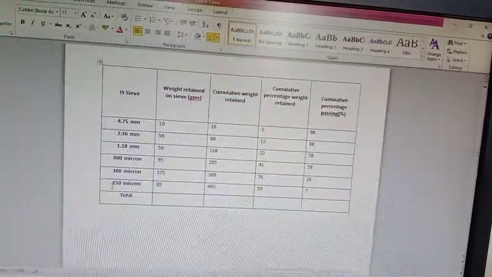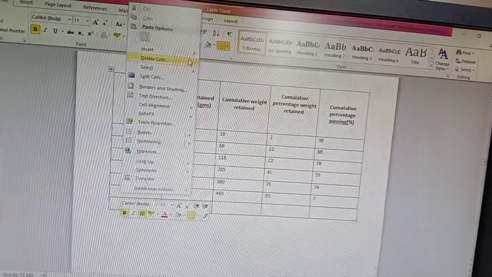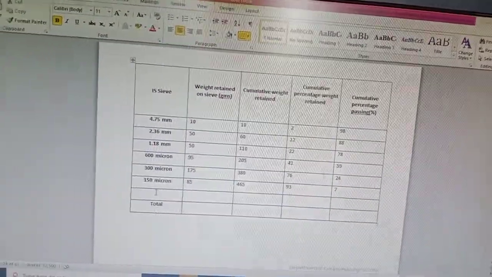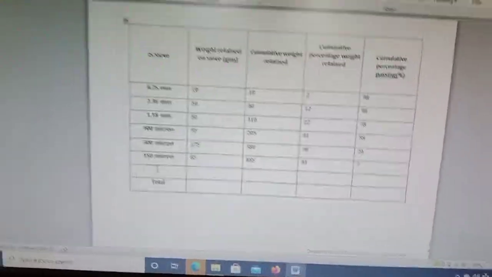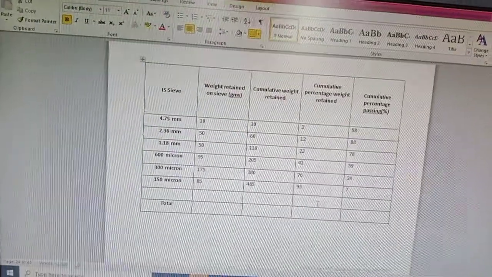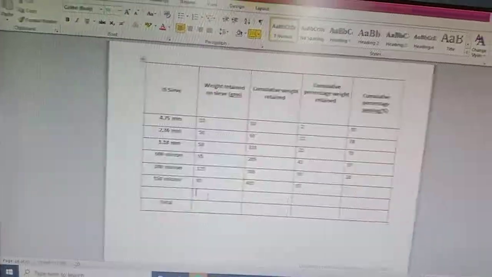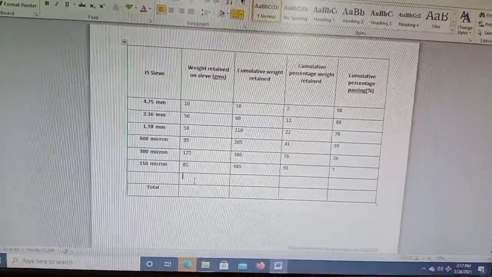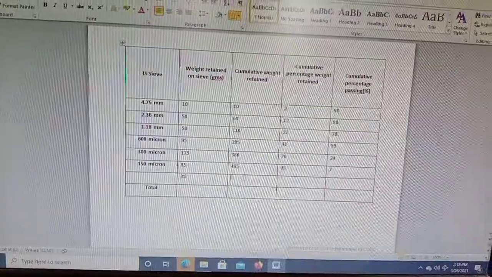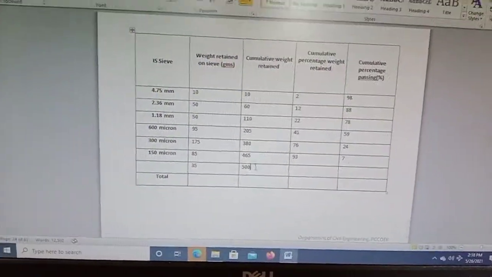Now I have to add one more row here. If the material is less than 150 micron, then we have to consider it here. So now I received 35 grams. So here it will become 500 grams.